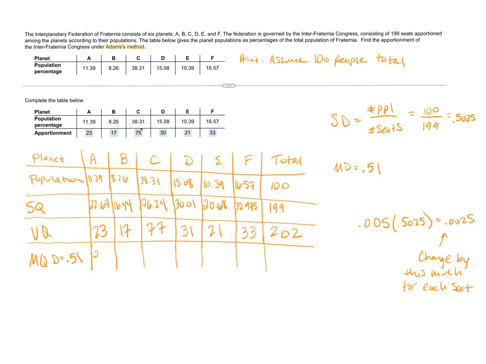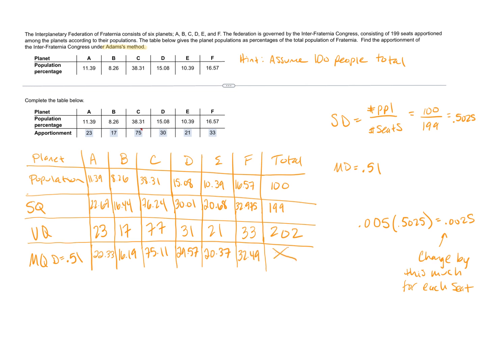So I have 22.33, 16.19, 75.11, 29.57, 20.37, 32.49.